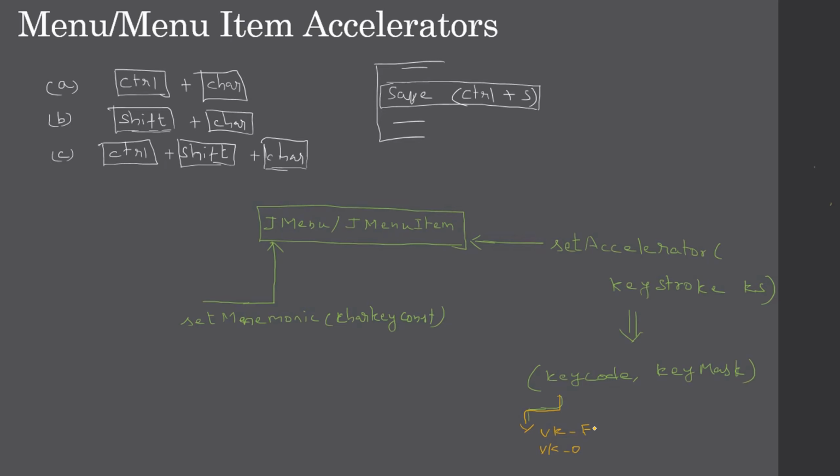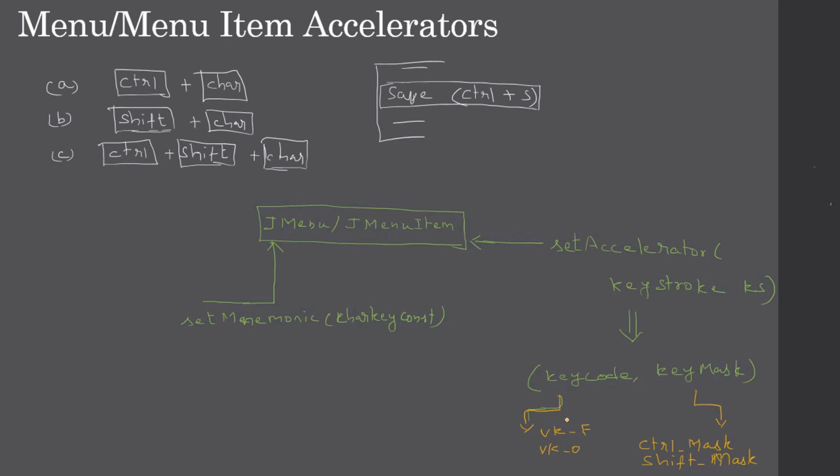This will denote the keyboard key F, and this will denote the keyboard key O. Similarly, for key mask, you can pass control mask or shift mask, or you can even use alt mask.